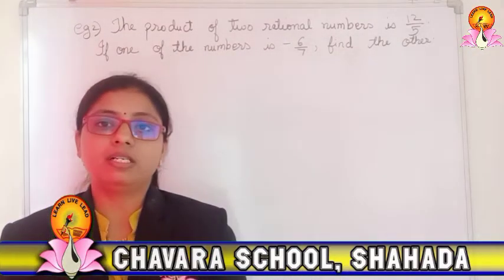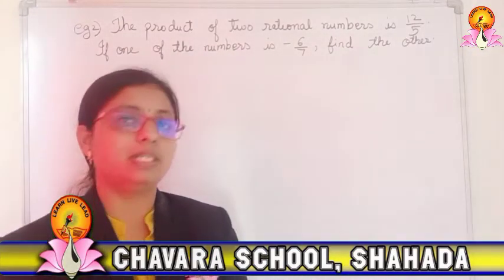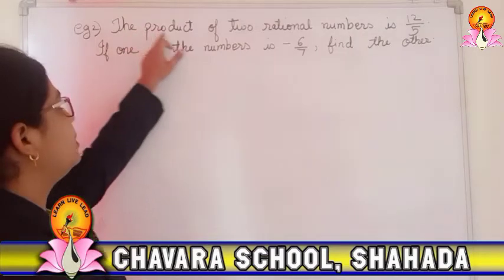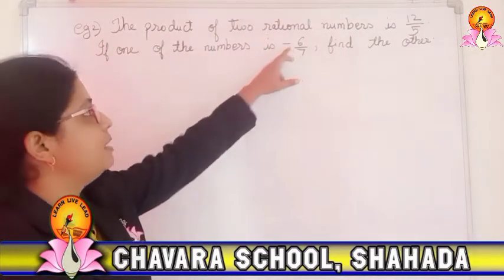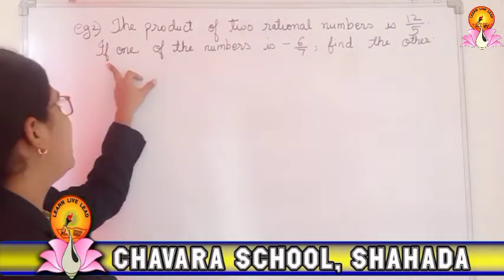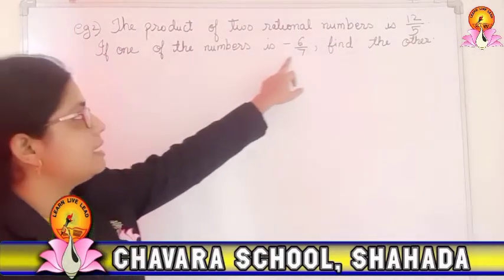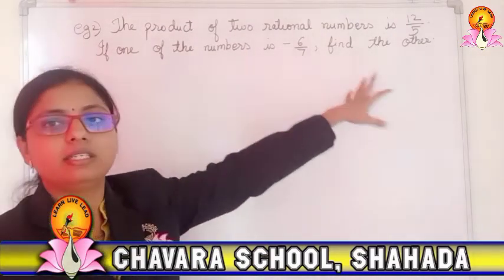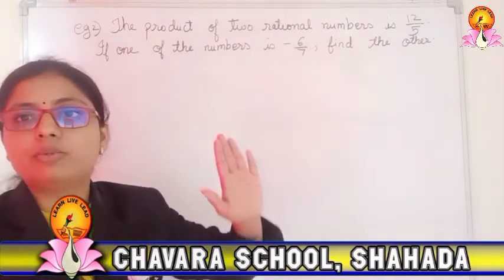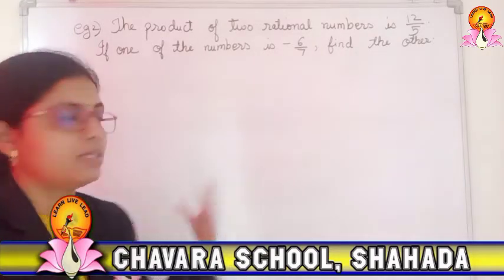Now we'll go for the next type of example: the product of two rational numbers is 12 upon 5. If one of the numbers is negative 6 upon 7, find the other. The simple way is to consider x.